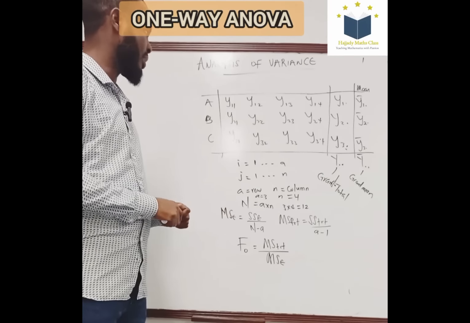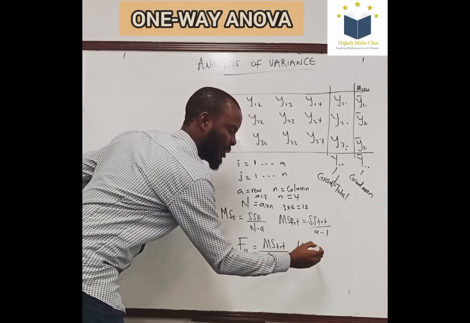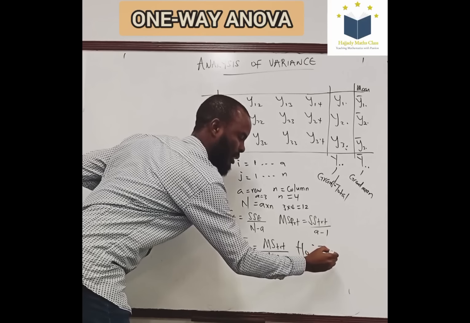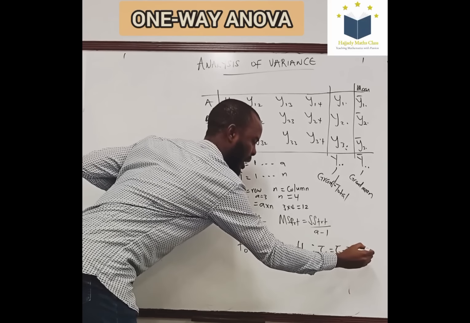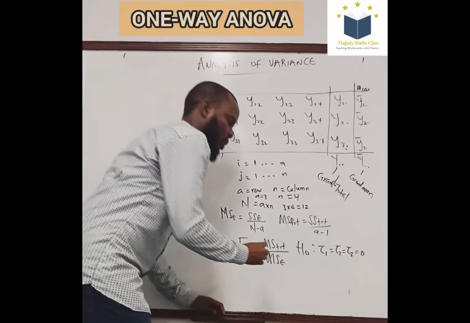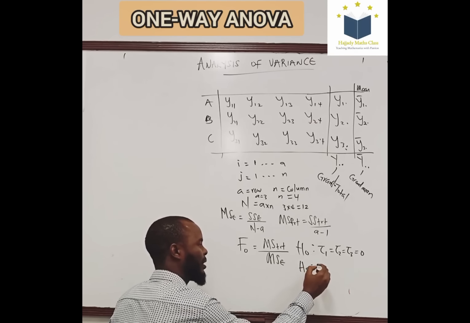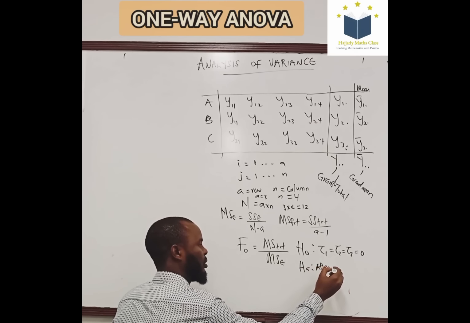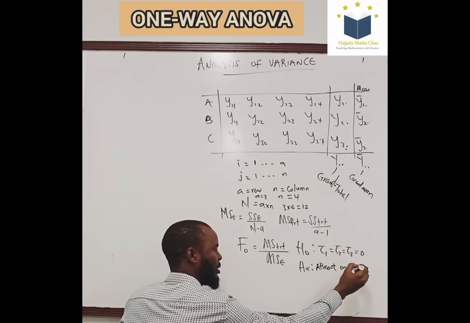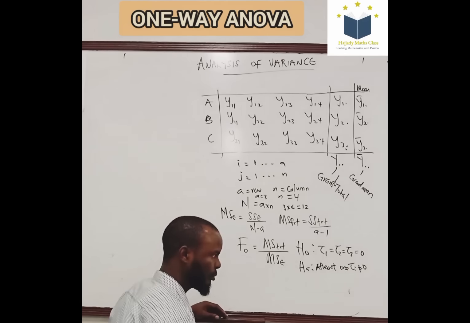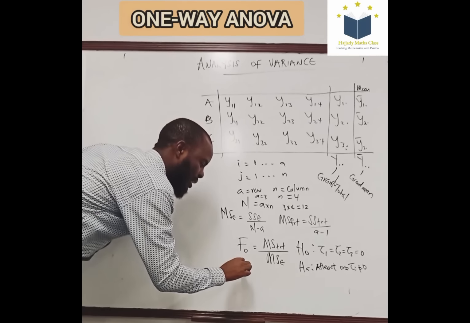Under the null hypothesis, the treatments are equal. The alternate hypothesis is that at least one treatment is not equal to 0.